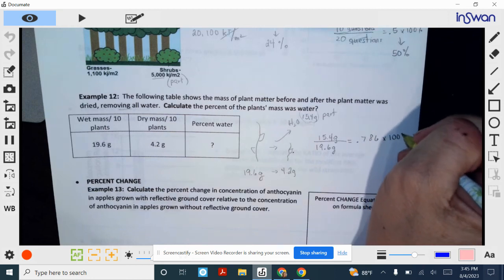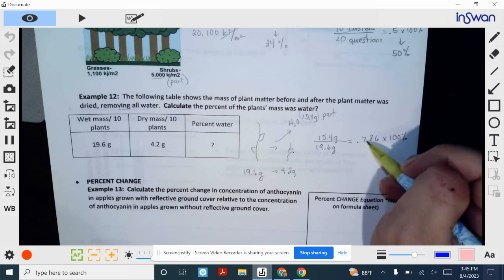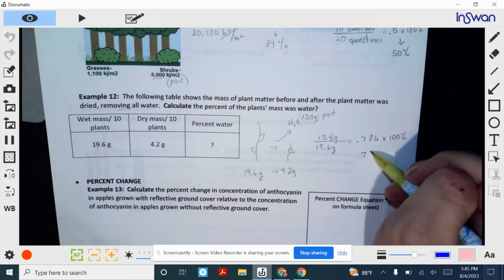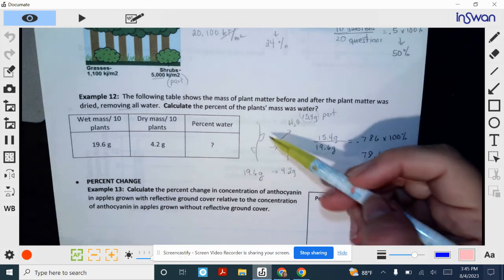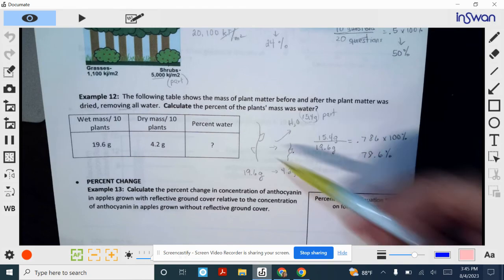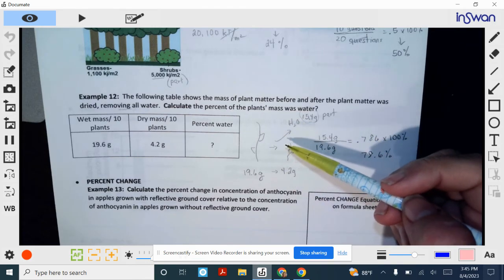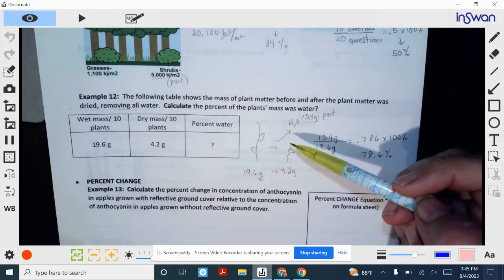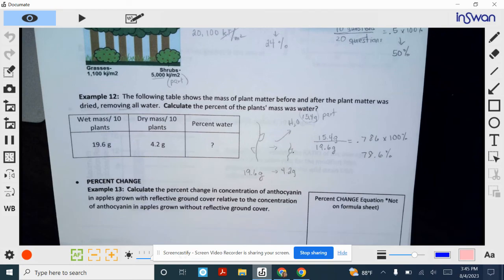So you got to times by 100% or move our decimal over twice. Boom, boom. So this would be 78.6%. So most of plants, it's actually just water. That's why when you dehydrate fruit, you can have a big slice of fruit, and whenever it's done dehydrating, it's really tiny because most of a plant's mass, like fruit especially, is water.